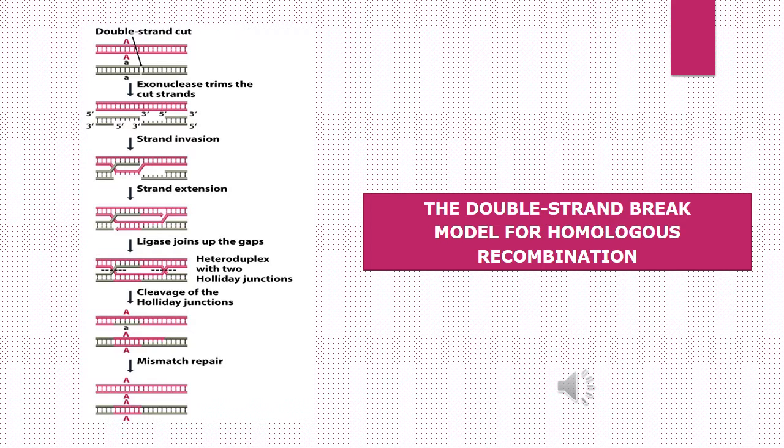There is involvement of different proteins in this process. If the two original DNA duplexes were not identical in sequence near the site of the break, sequence information could be lost during recombination by the double-stranded break repair pathway.